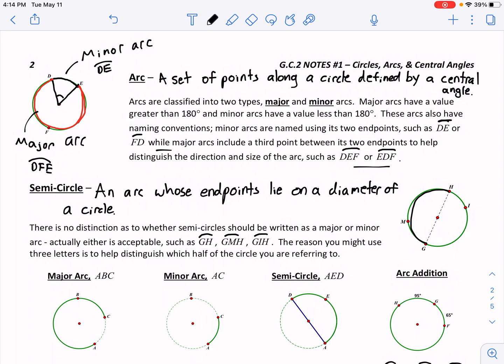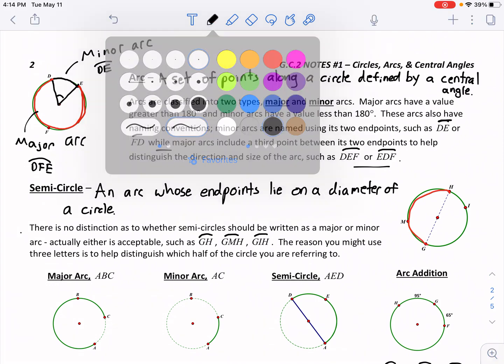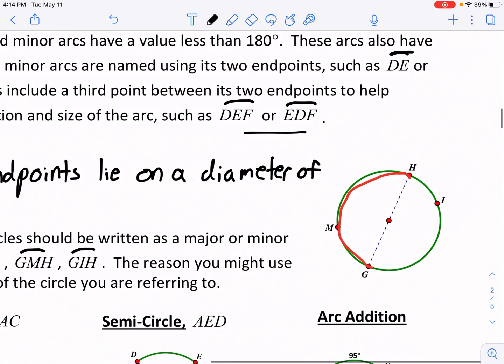Now, reading the text here, it says there's no distinction as to whether semicircles should be written as major or minor. All that means is we could name this semicircle as arc HMG, or we could just name it as HG.